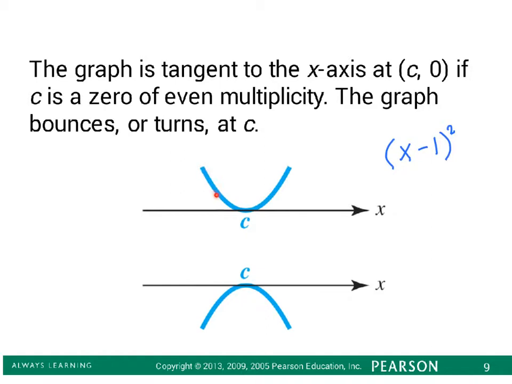It's just going to turn or bounce off the x-axis, but it's going to touch it there at that factor, okay? So it's going to either look like this or like this. So this is giving you some ideas of how to graph some of these functions that are in factored form and may have multiplicities.